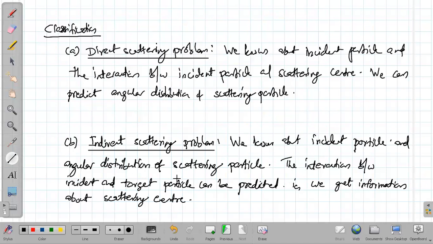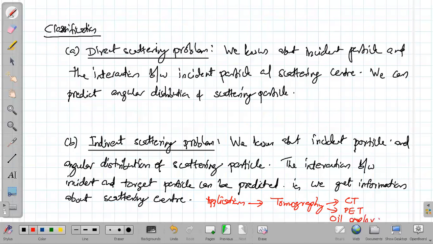Most of the applications, such as medical applications, come under this category. For example, all types of tomography, like computerized tomography, the CT scan, and positron emission tomography, the PET scan, and oil exploration.